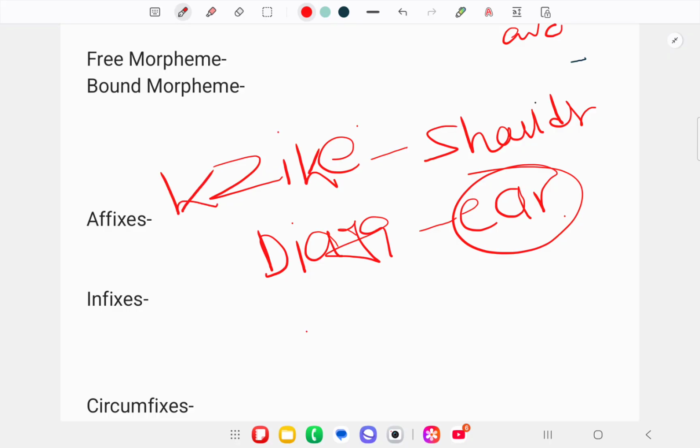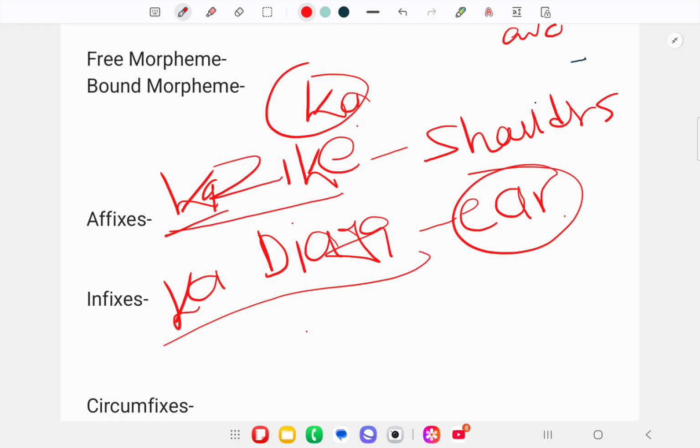If they attach ka, that is kajaik, this becomes shoulders. If they attach ka, kadiga, this becomes ears.